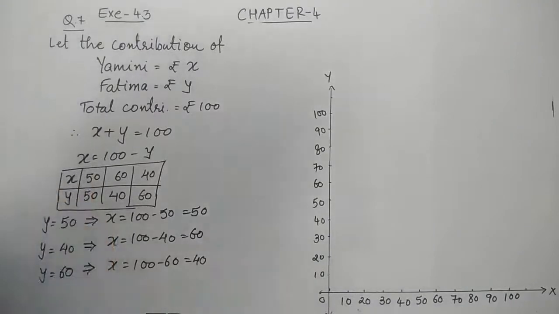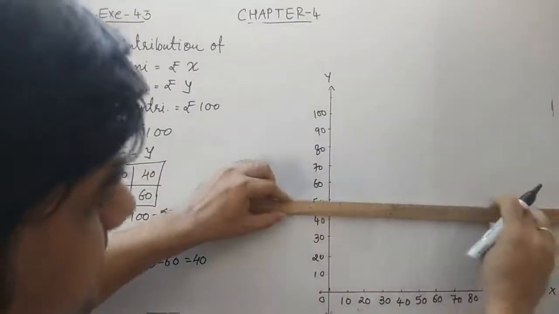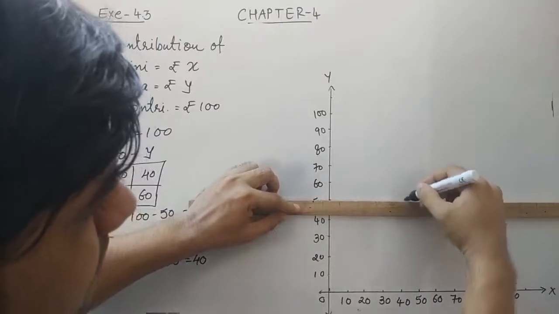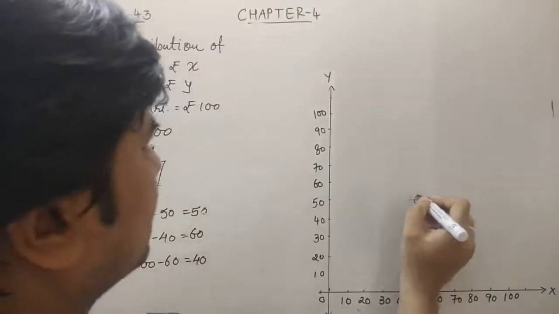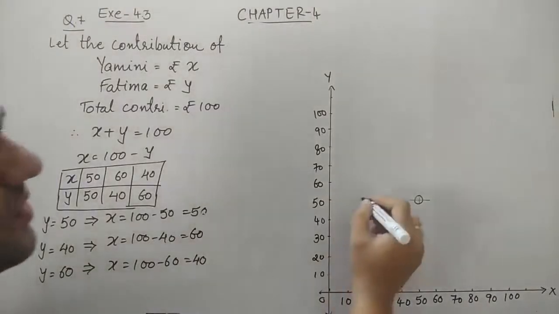So first is x 50 and y is also 50. So let us see where this value should exist. Here x is 50 and y is also 50. So here they are supposed to intersect. That is the first contribution, 50-50.